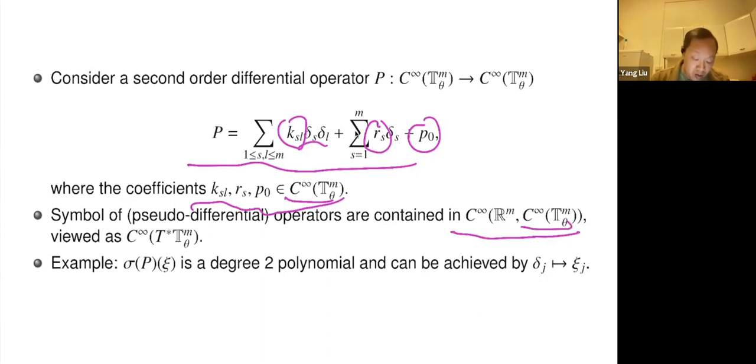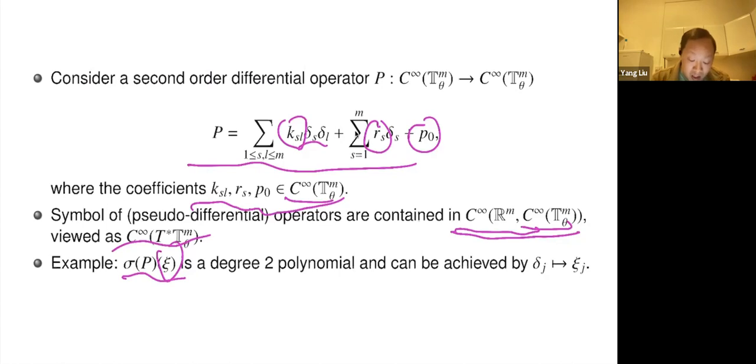So in particular, like what happens in the commutative case, if we are dealing with differential operators, their symbols are polynomials in xi. You can think of this algebra as the functions on the cotangent bundle of the non-commutative tori. That's the analogy here.